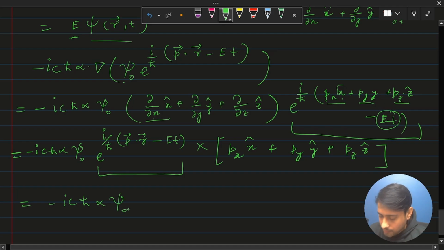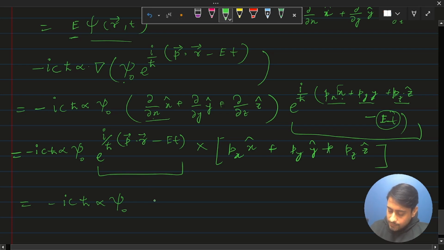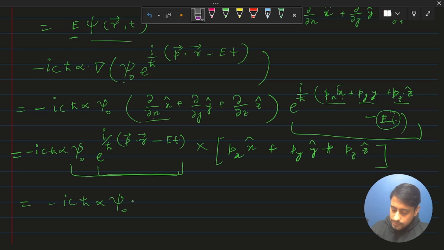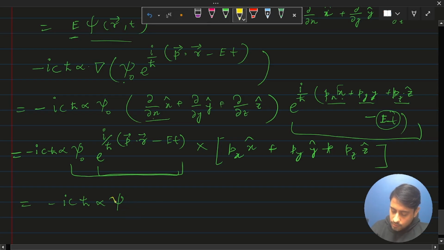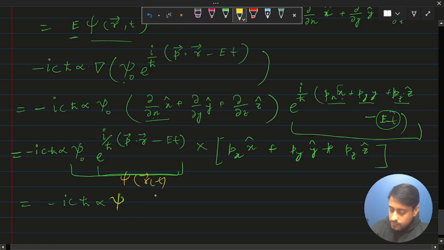These terms become bulky, but you know that constants make things easier for you. So simply, this is nothing but psi naught, not psi I am writing, it is simply psi of r comma t.